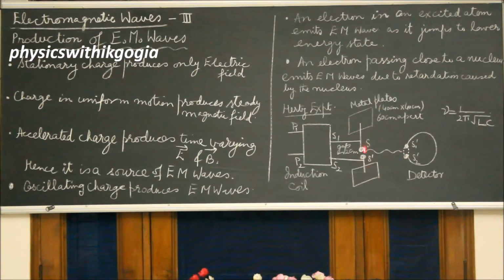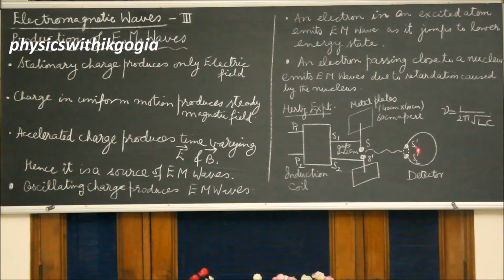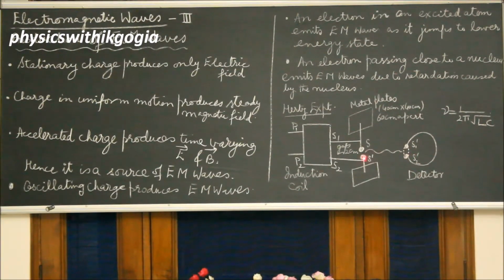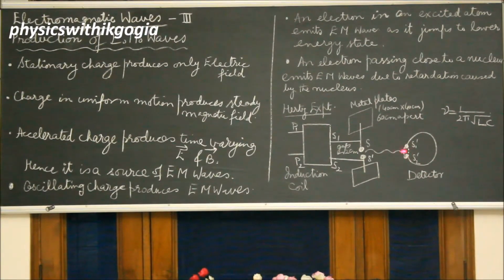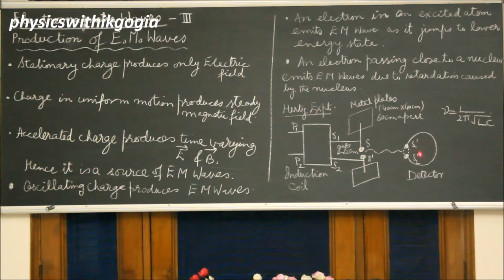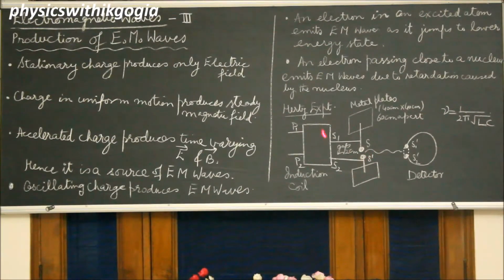When the gaps are parallel to each other, we get sparks jumping between S1 dash and S2 dash, indicating that there is a sufficiently strong electric field crossing the gap, confirming that electromagnetic waves are being produced, resulting in transfer of energy from the production part to the detector.